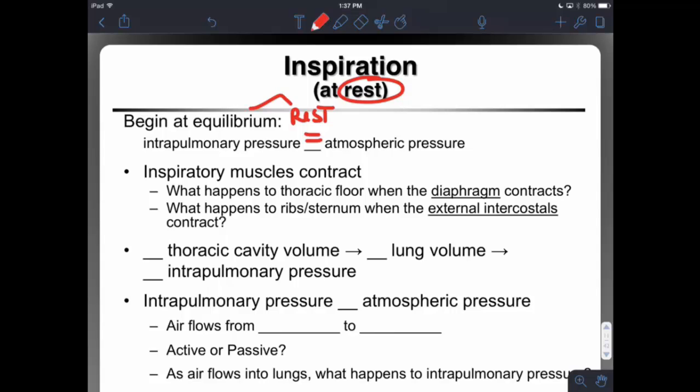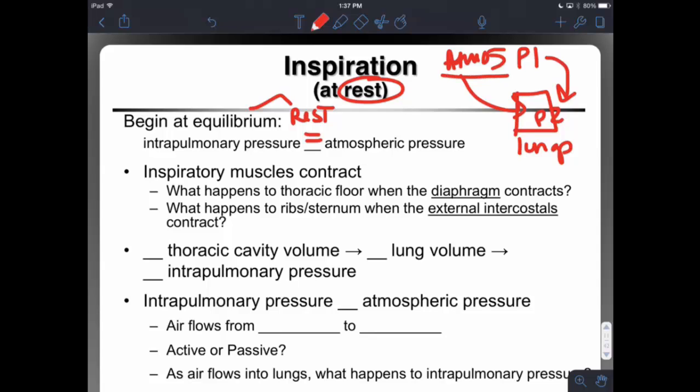And if we want to inspire, we want air to move in. We want air to move from the atmosphere into the lungs. So where do we want pressure to be higher? We want pressure to be higher in the atmosphere than in the lungs. In order to go from high to low pressure, we want air to come in, we want the atmospheric pressure to be greater.